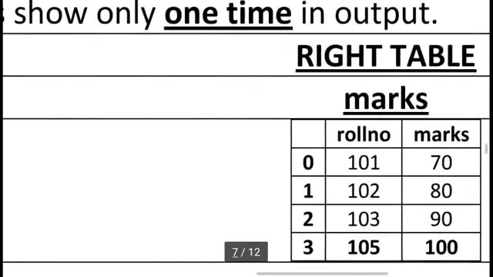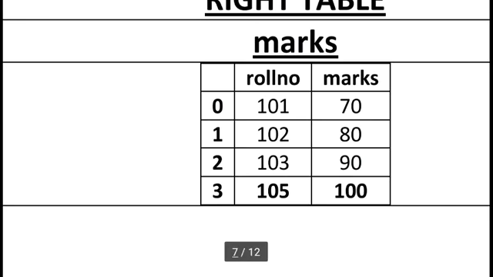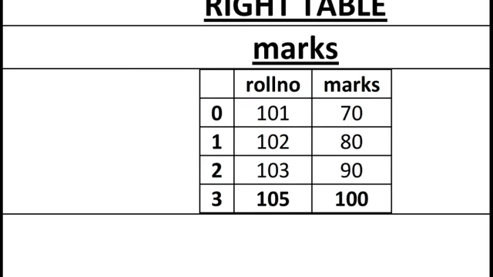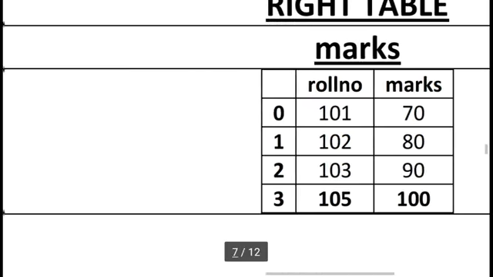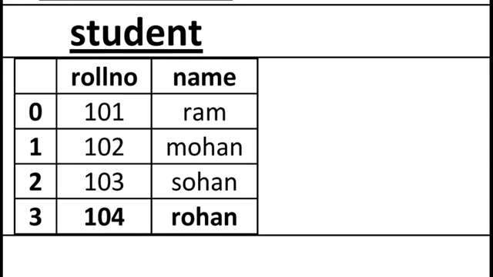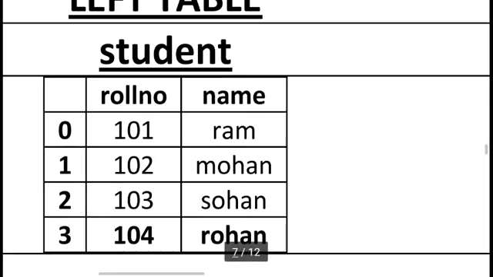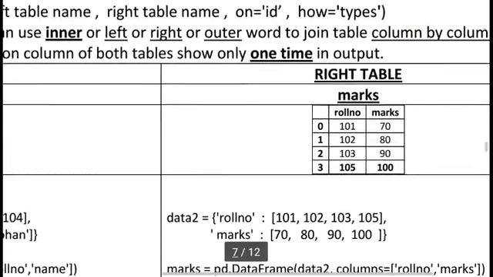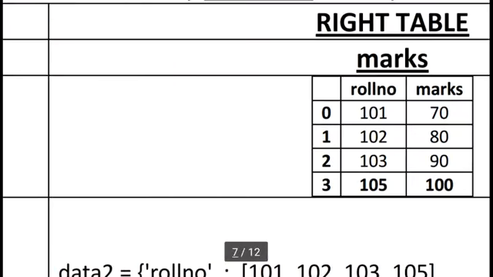Here we have a total of 4 rows. The column names are roll number and marks. Roll number 101 has mark 70, 102 has 80, 103 has 90 and 105 has 100. Here you can see 101, 102, 103, and here also 101, 102, 103. These roll numbers are common, but 104 Rohan in the student table is different, and roll number 105 is different.